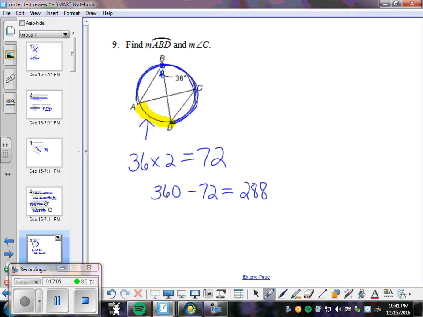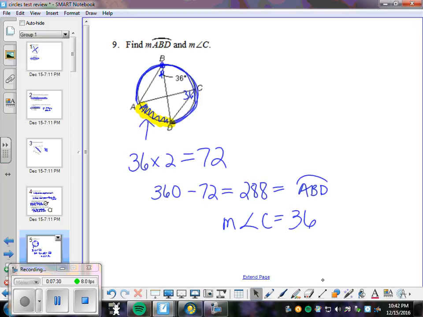Okay, 360 minus 72 gives you 288 for the arc. So that's your arc, ABD. All right, now angle C would be the exact same thing as B, because remember, they intercept the same arc. So angle C is 36.